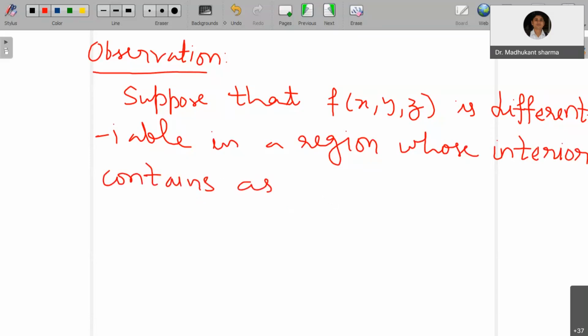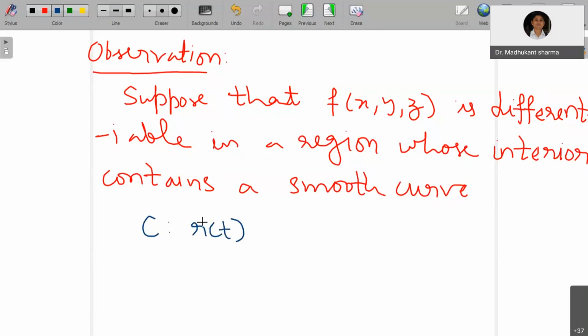Let's denote it by C, which is given by R of t.